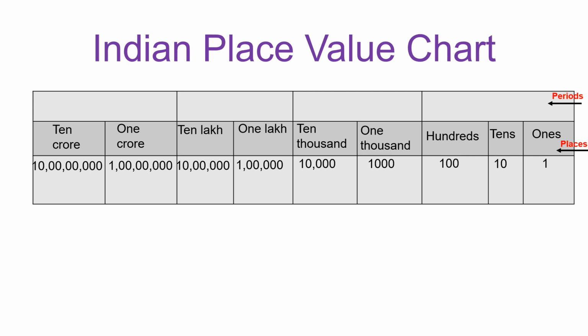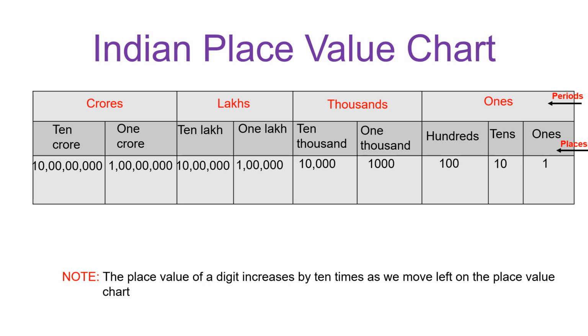The first three places from the right side, ones, tens, and hundreds, are grouped into ones period. 1000 and 10,000 places are grouped into thousands period. 1 lakh and 10 lakh places are grouped into lakhs period. 1 crore and 10 crore places are grouped into crores period.